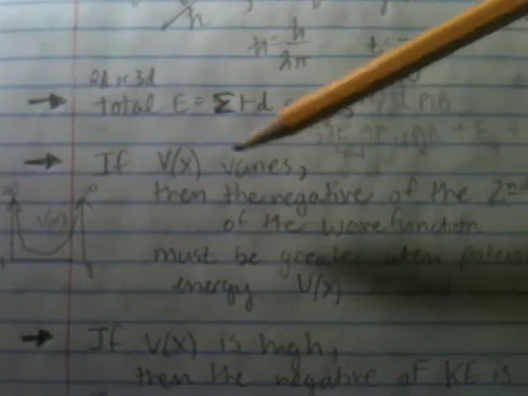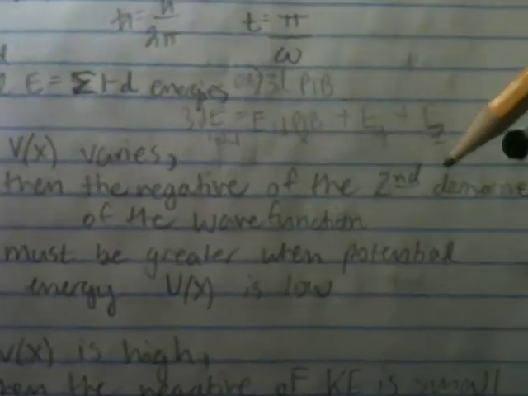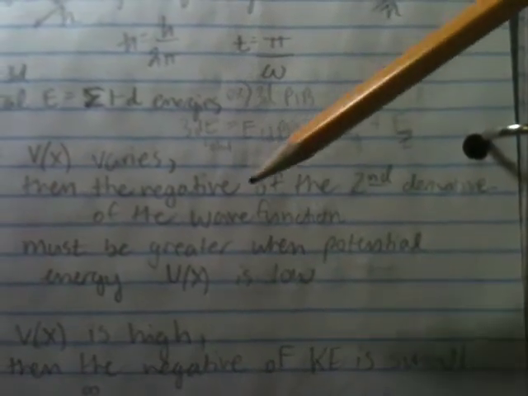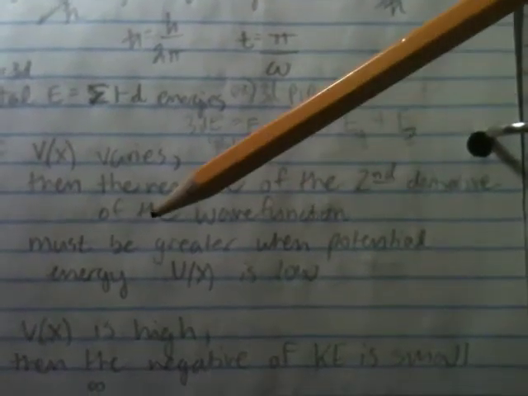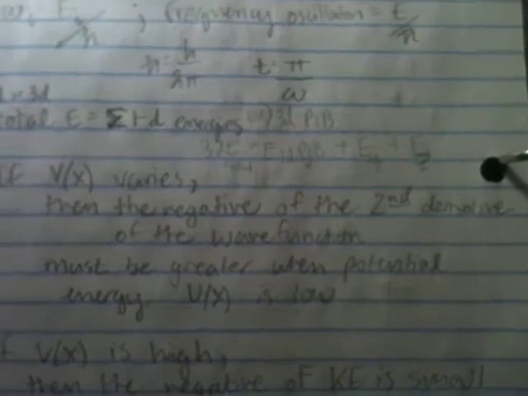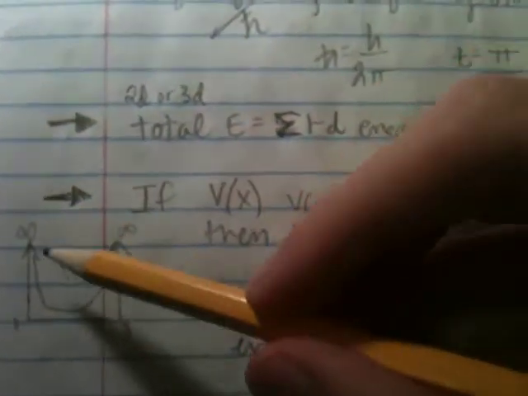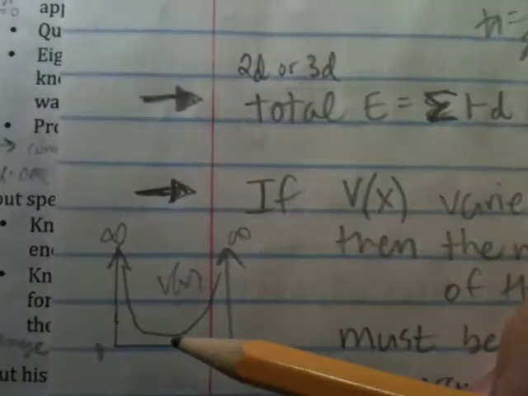If v of x varies, then the negative of the second derivative of the wave function must be greater when the potential energy is low.